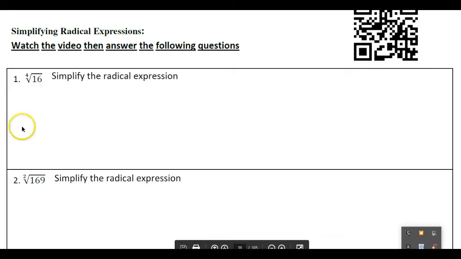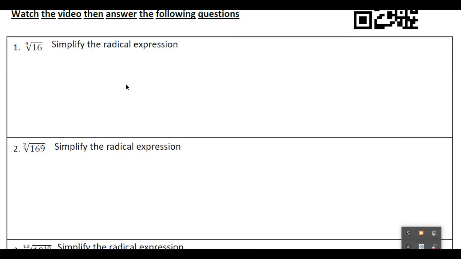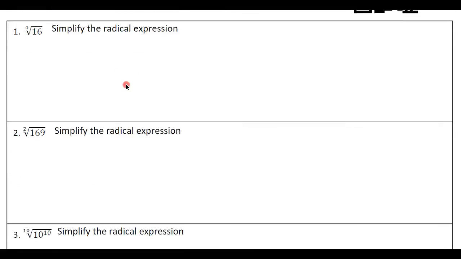This is page 39, and we're going to simplify some radical expressions. Now, as a little review, if we take away the radical sign, this is 16 to the first power, this would equal 16.